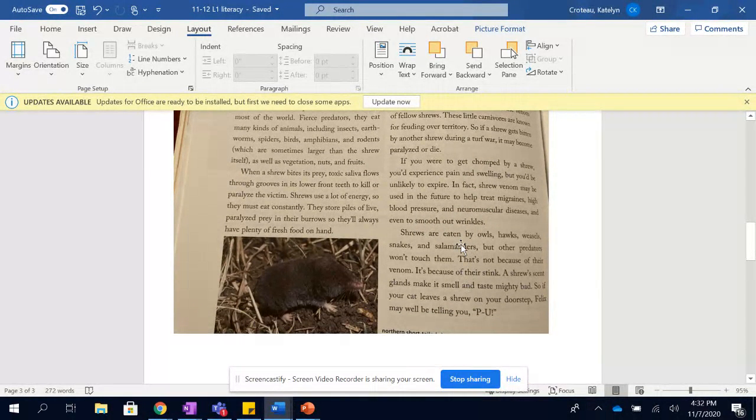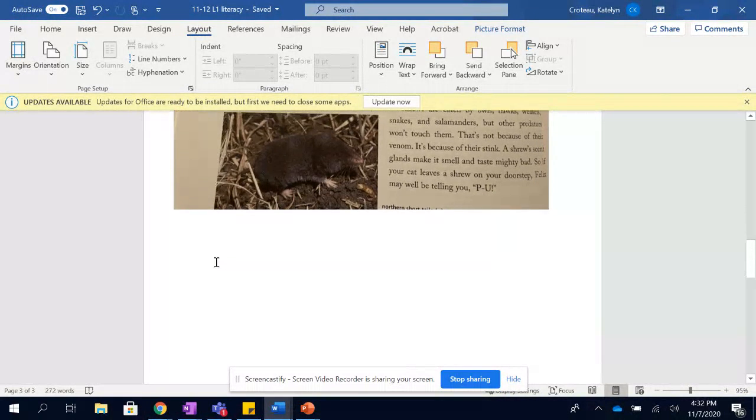Wow. Shrews are eaten by owls, hawks, weasels, snakes, and salamanders, but other predators won't touch them. That's not because of their venom, it's because of their stink. A shrew's scent glands make it smell and taste mighty bad. So if your cat leaves a shrew on your doorstep, Felix may well be telling you, "P.U."